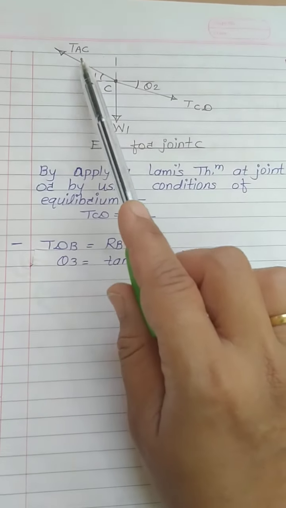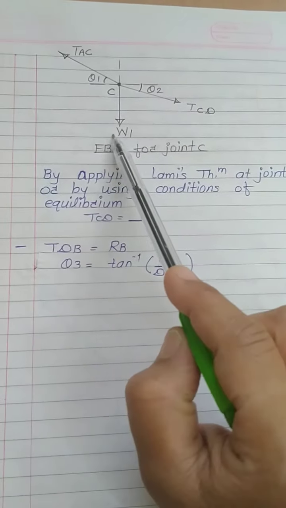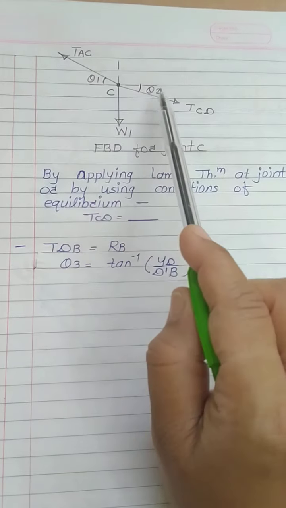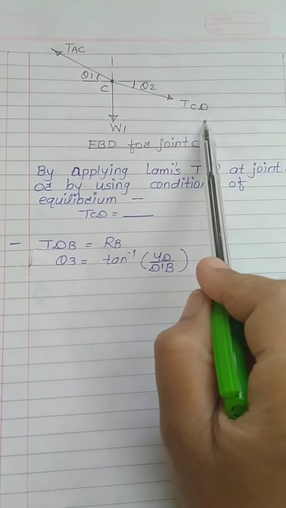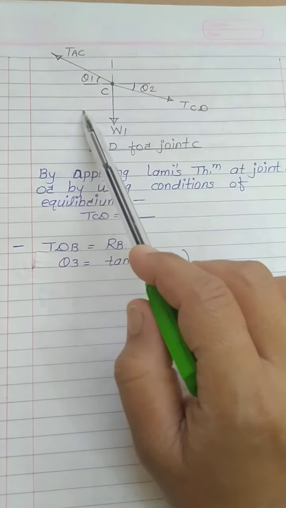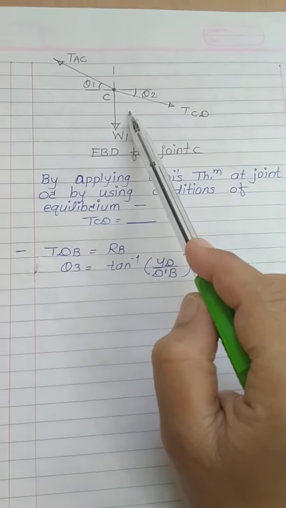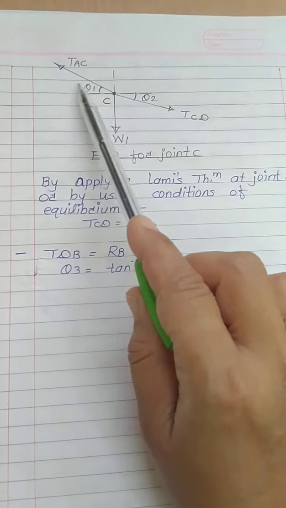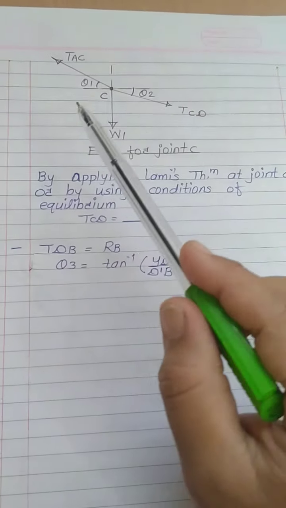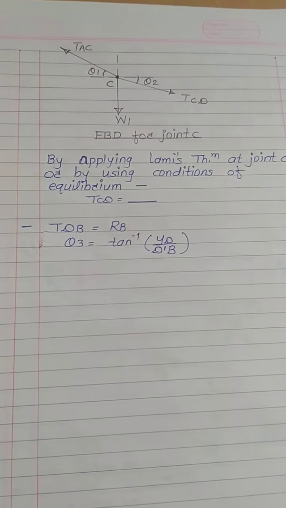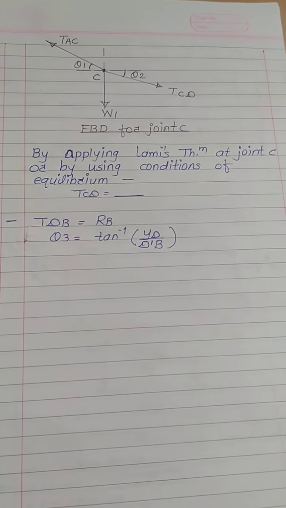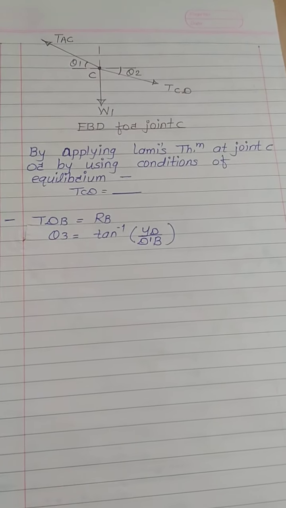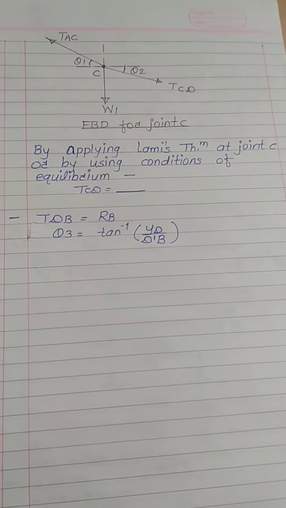So now in this free body diagram, we know value of W1, we know theta 1, theta 2 and TAC. Unknown is TCD. Now here, by using Lami's theorem or by resolving these two inclined forces and by applying equilibrium condition, summation Fx equals to 0 and summation Fy equals to 0, you will get values of tension CD, which is T2.